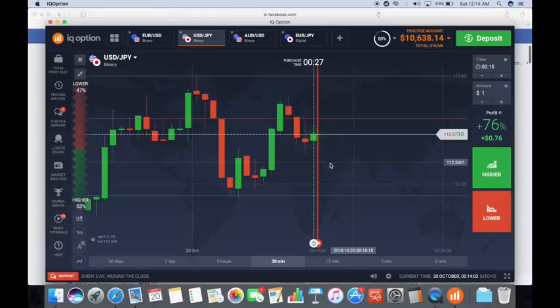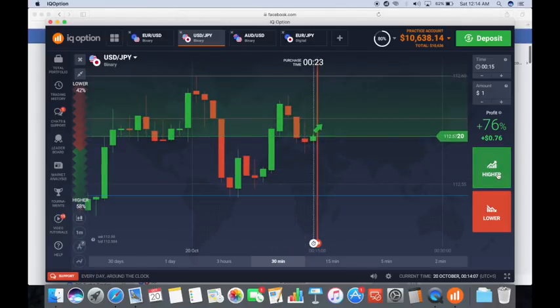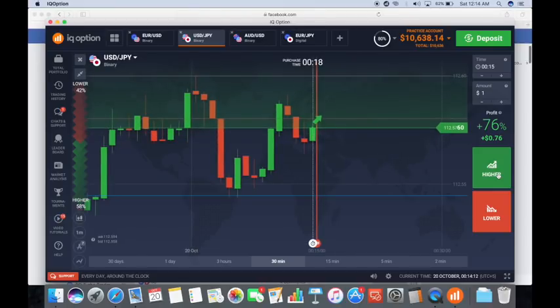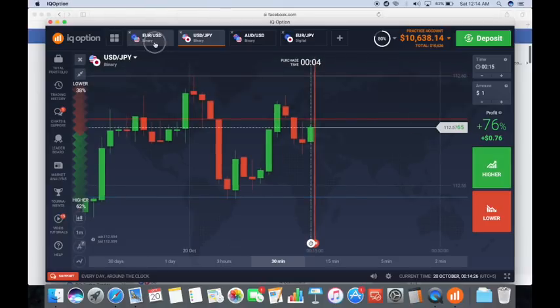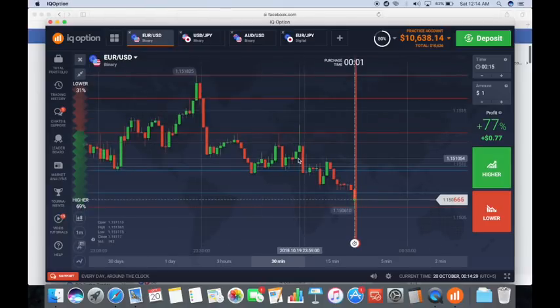All right, cool. But now there's a reversal candle over here, so I will try to long it or what? It's like a spinning bottom. Let's check euro. Yeah, that's good.